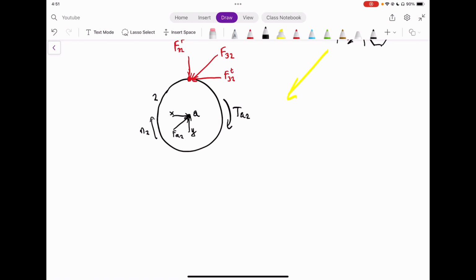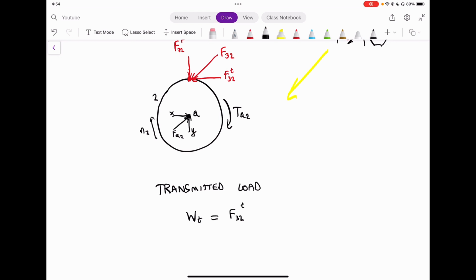We have to understand how the load is transmitted from gear 2 to gear 3, for example. So the transmitted load is going to be equal to WT, which is equal to F32 in the tangential direction.